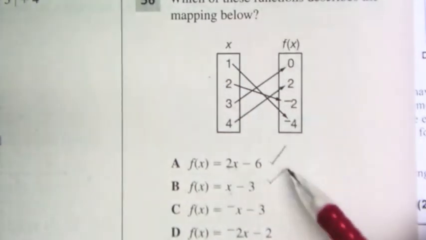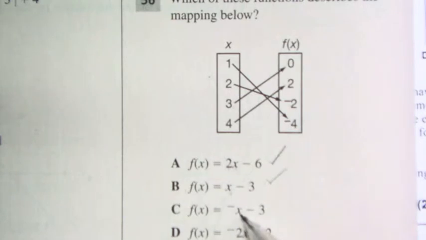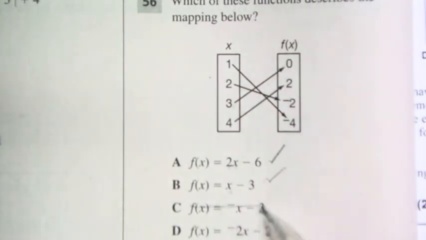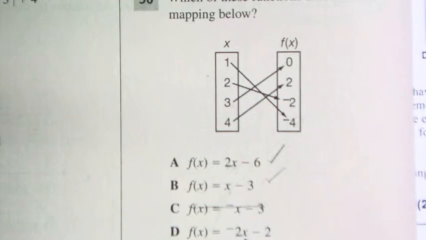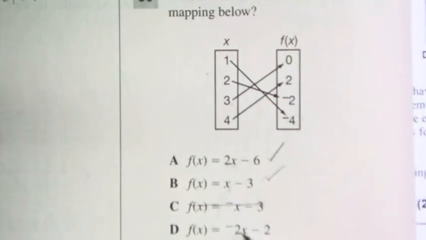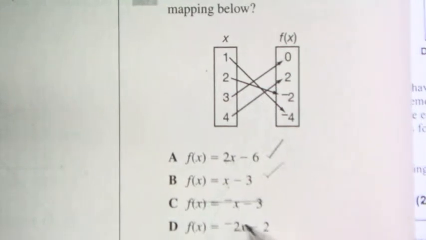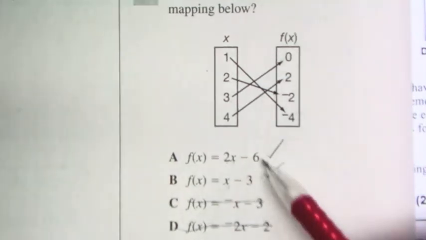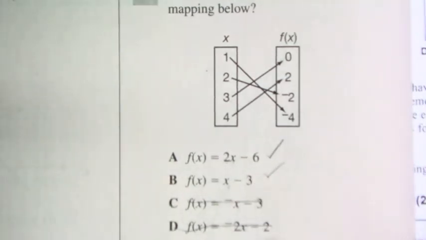It could be this one too. Now if I put in a 3 right here, I get negative 3, and negative 3 minus 3 is negative 6, so it cannot be this one. And if I put in a 3 right here, negative 2 times 3 is negative 6, and negative 6 minus 2 is negative 8, not 0, so it cannot be that one. So I've already narrowed it down to these two.